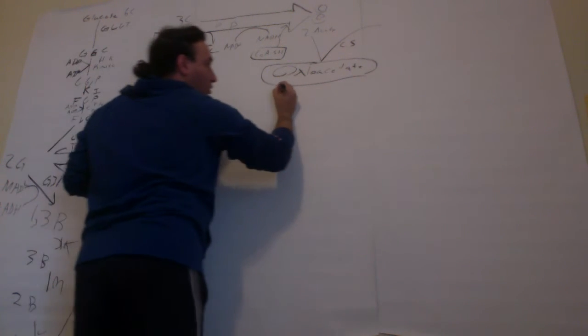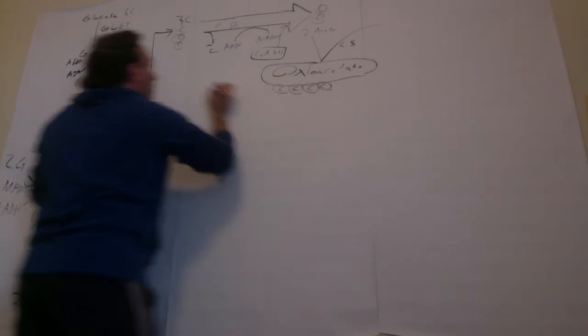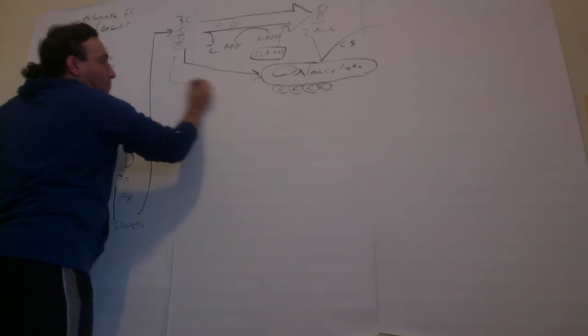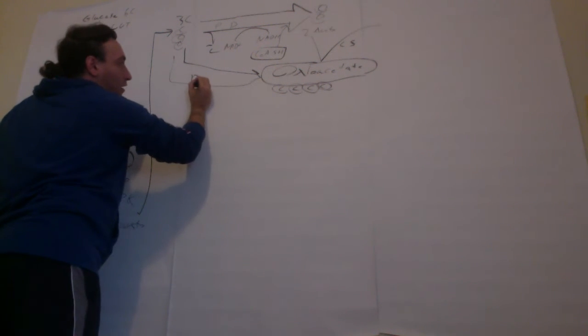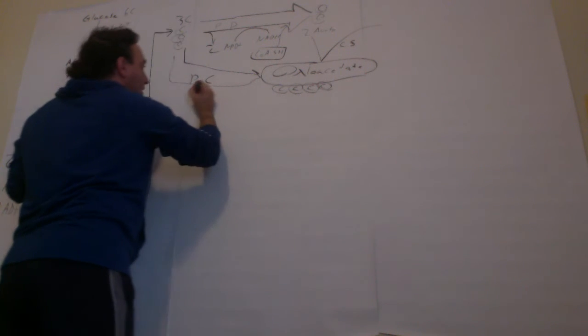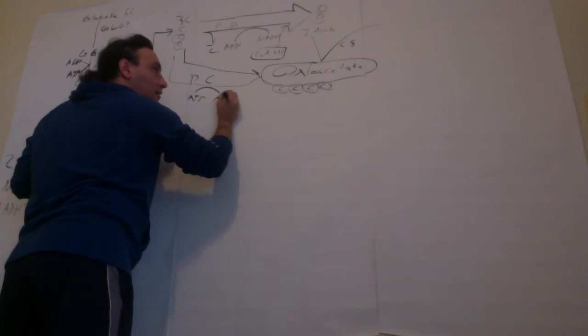This right here is a 4-carbon molecule, so 1, 2, 3, 4. For those of you who aren't too familiar, there's something called pyruvate carboxylase, and what's going to happen over here is that the ATP becomes ADP.